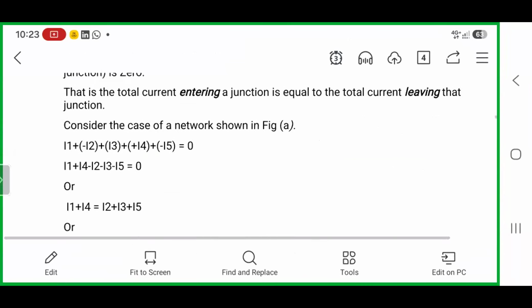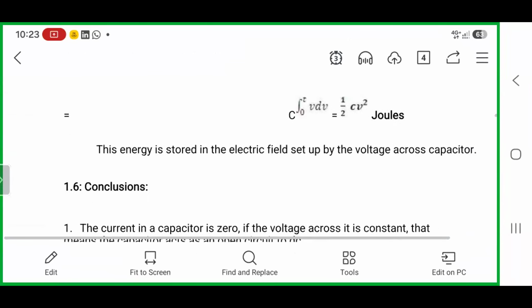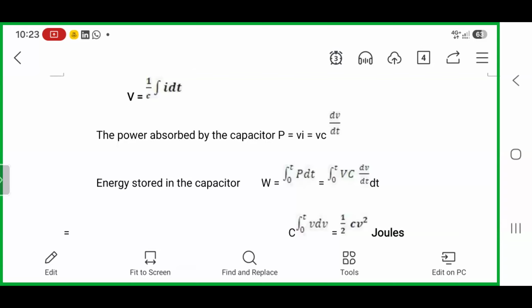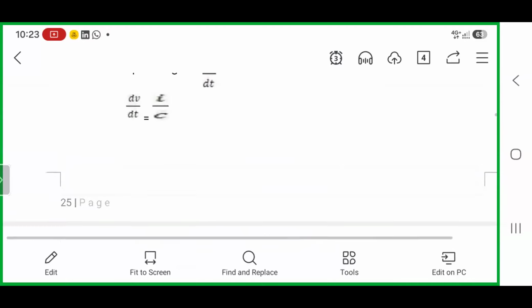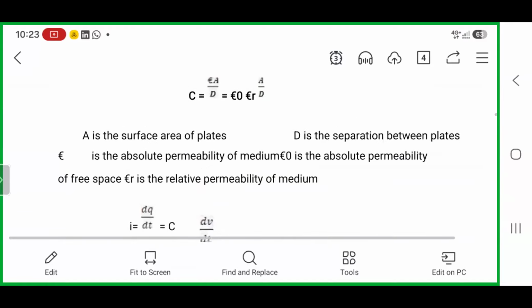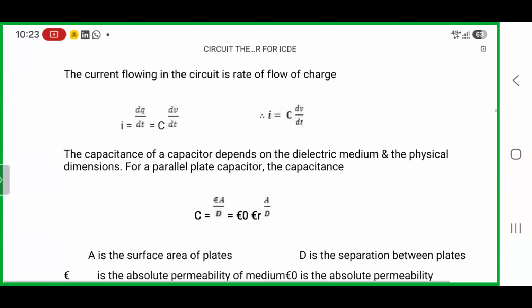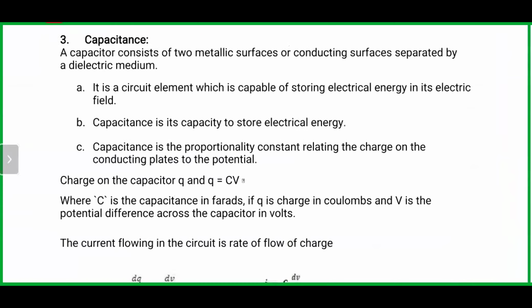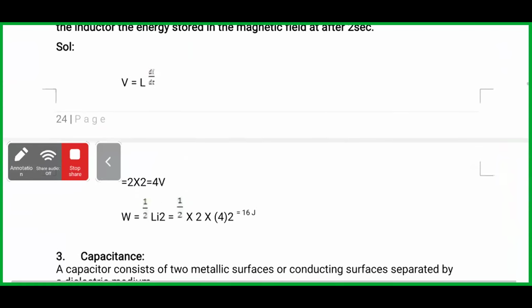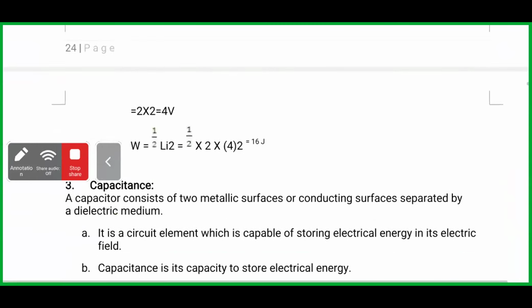The issue is that this mathematics, as in integration, differentiation, and integration by parts, you're already supposed to know. It is in engineering mathematics and in calculus.